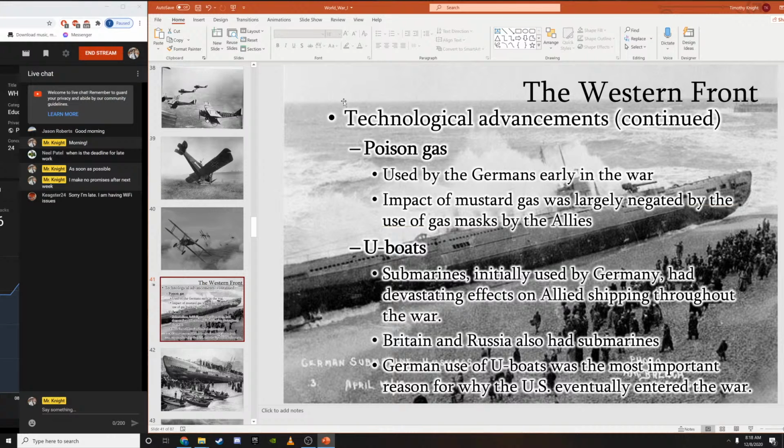It's a submarine. And the subs that the Germans produced initially had devastating effects on Allied shipping all throughout the war. The Germans used submarines extraordinarily effectively. They were very frustrating to the Allied powers because in the early days, it was very difficult to know if a submarine was nearby.